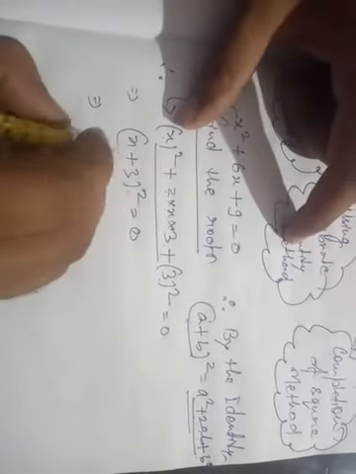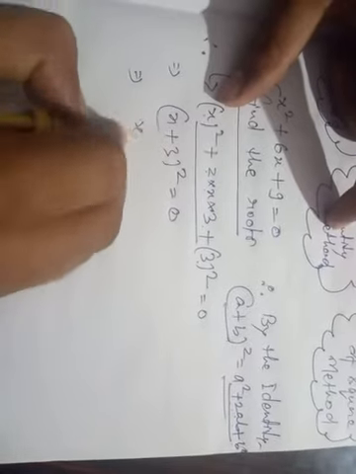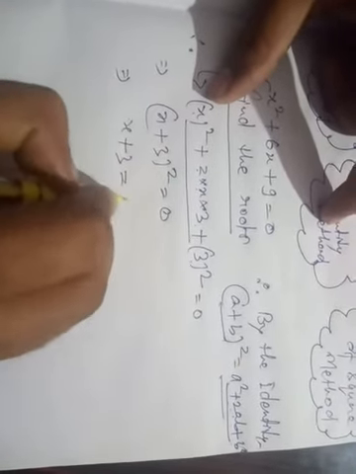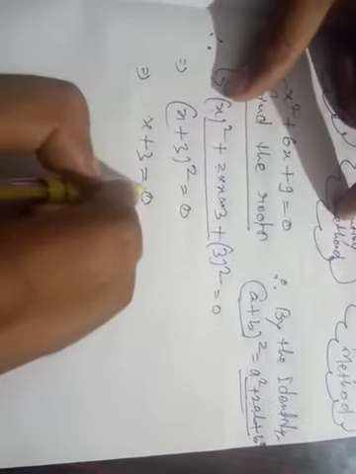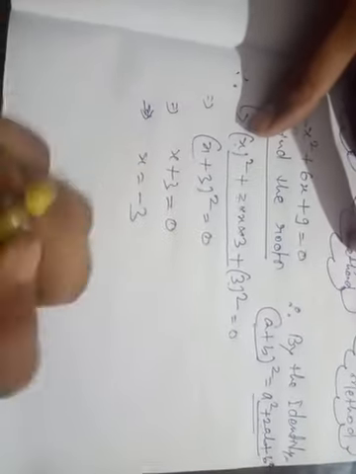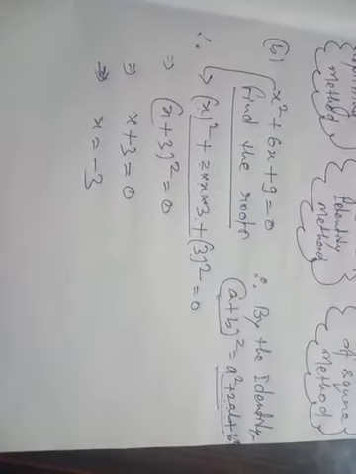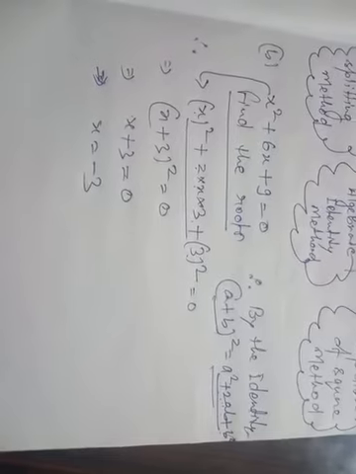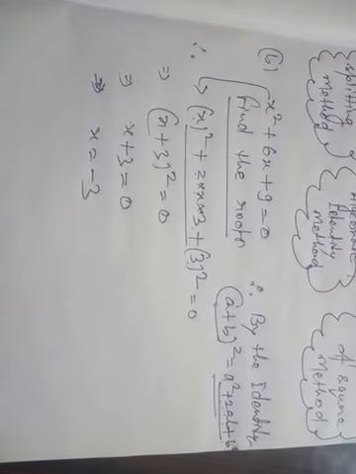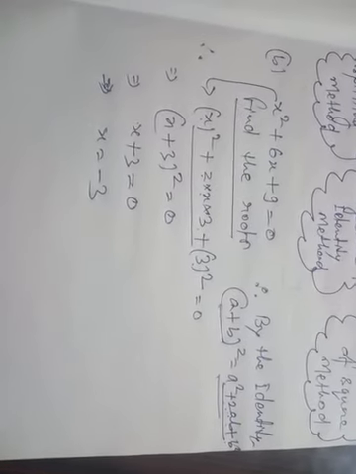So from here you can get x plus 3 will be equal to 0. So you are getting x equal to minus 3. So both the roots will be minus 3. So this is a kind of method through which you can directly factorize any given quadratic equation by using a favorable identity.